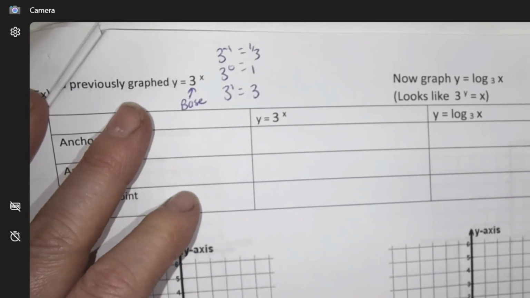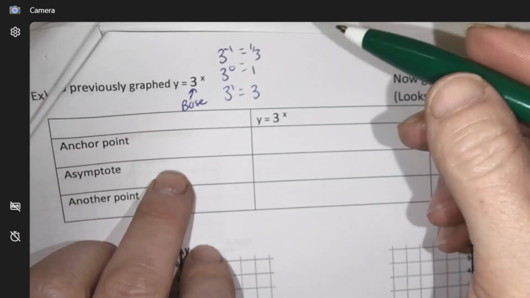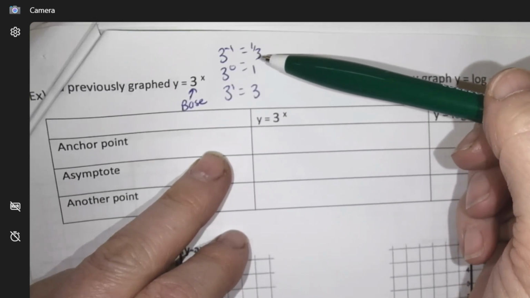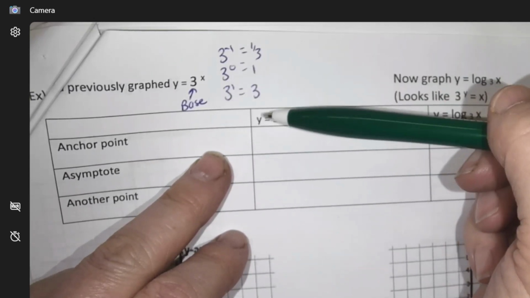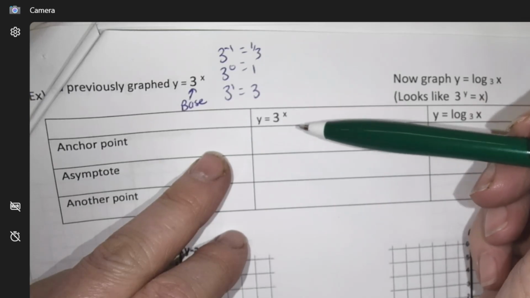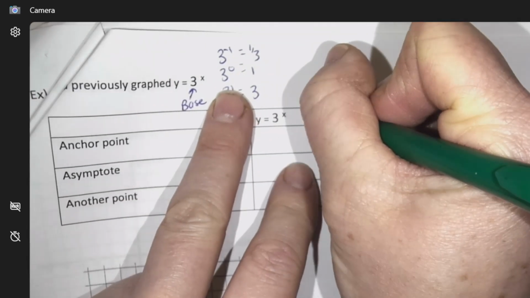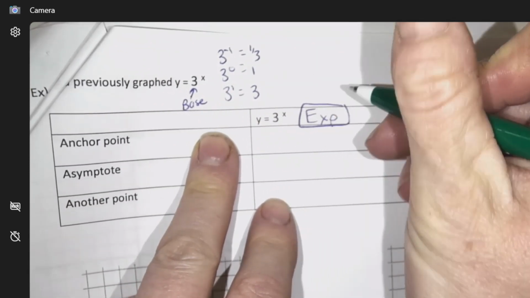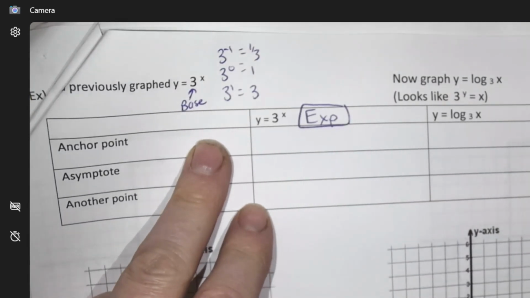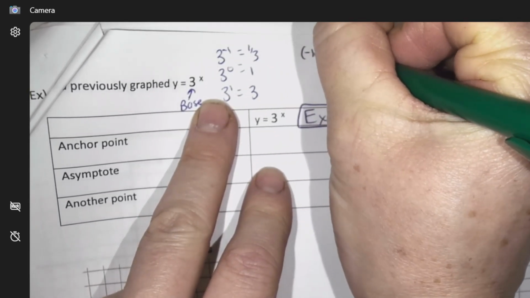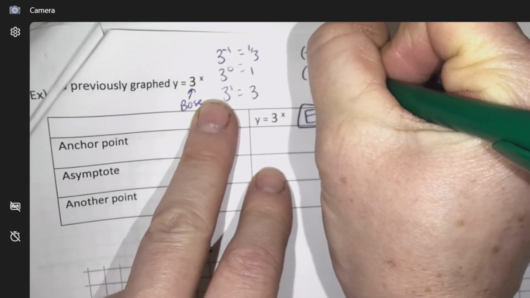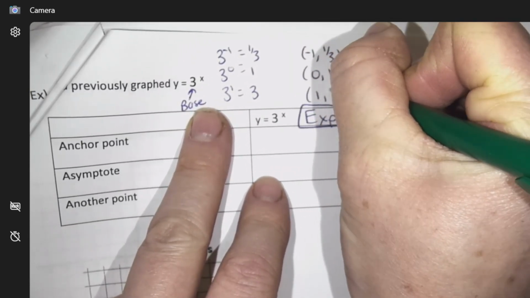Okay, so on the exponential function, so this is an exponential function right here. The coordinates are going to be negative 1, comma third, 0, comma 1, 1, comma 3.